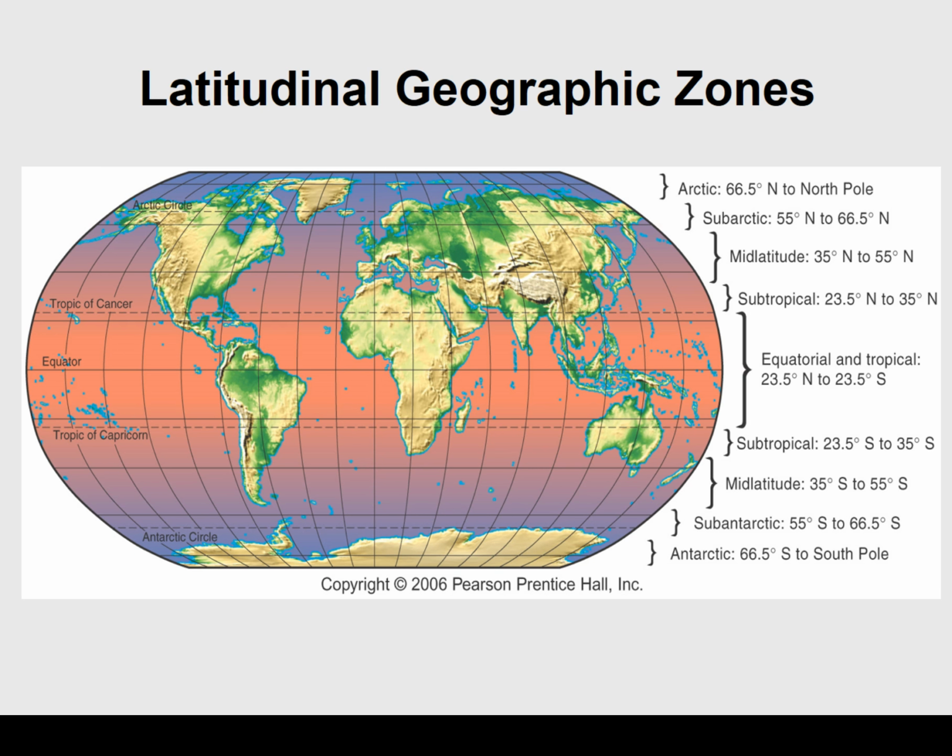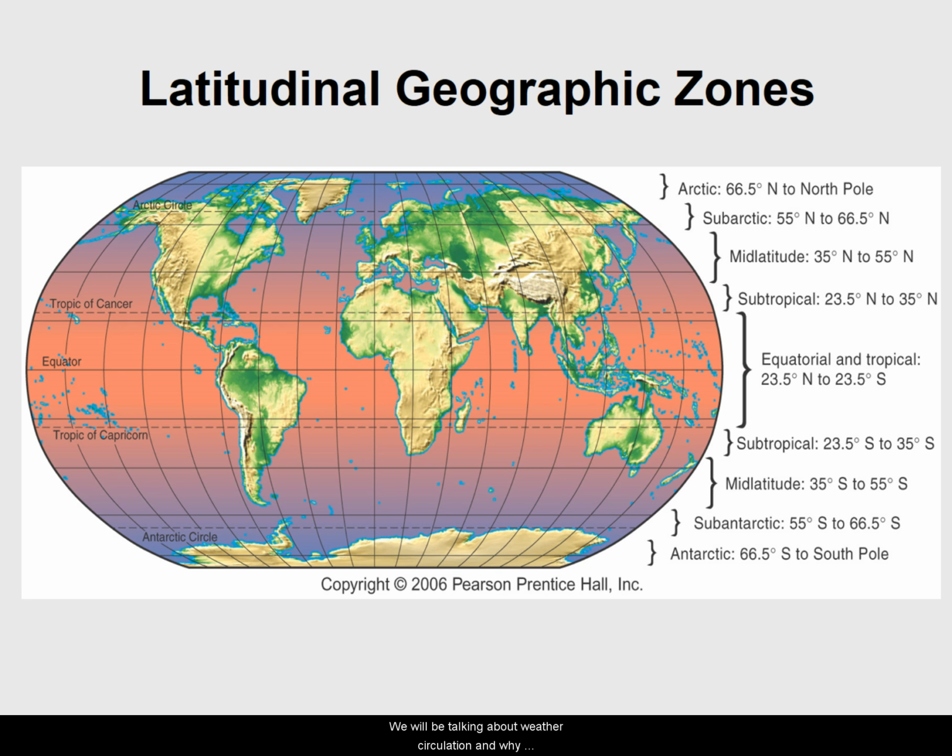So, for example, between 23.5 degrees north to 23.5 degrees south, we define this region as the equatorial and tropical zone. Now, we can define a subtropical zone just north and south of the equatorial zone, and the lines of latitude defined here are 23.5 degrees north to 35 degrees north and south.